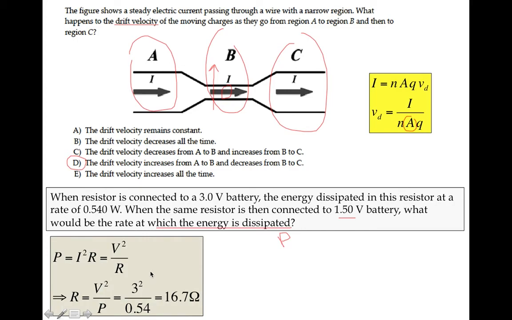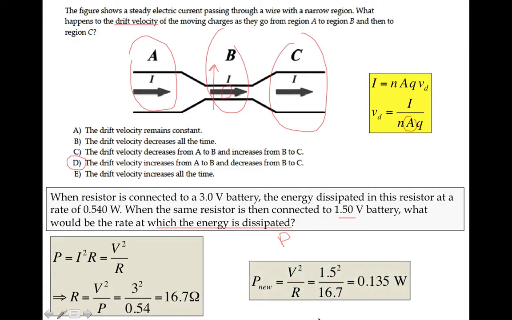Now, using the equation P is equal to V squared over R, since he gave me the volts and the power, I can get R, which is the resistor, which is a constant. Always you want to find something which is constant, does not change. So this is the value of the resistor.